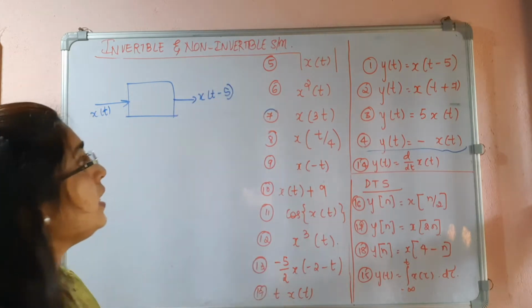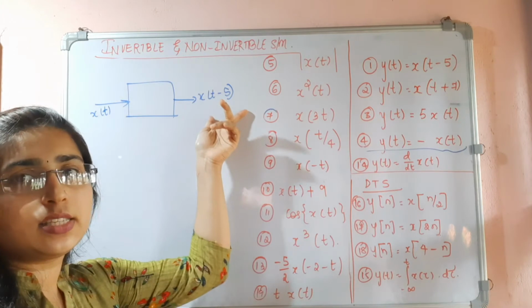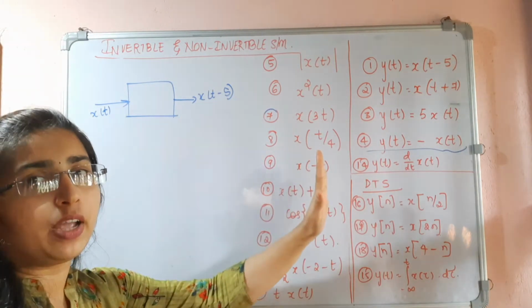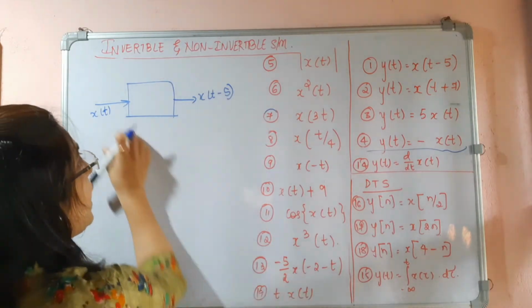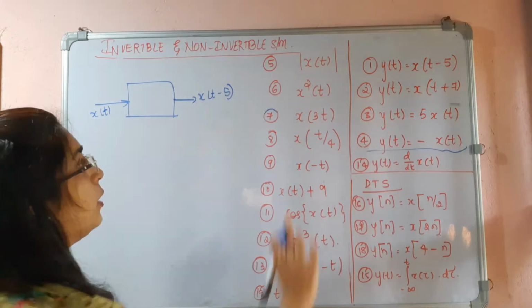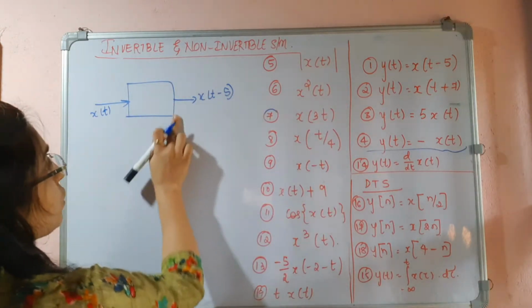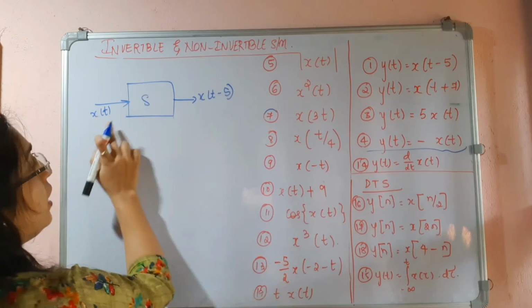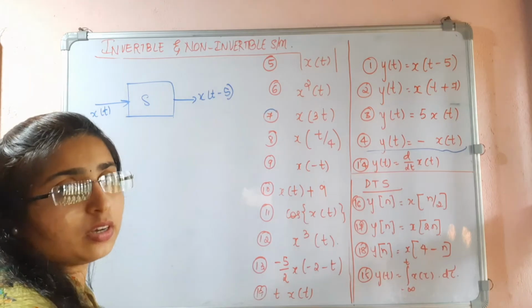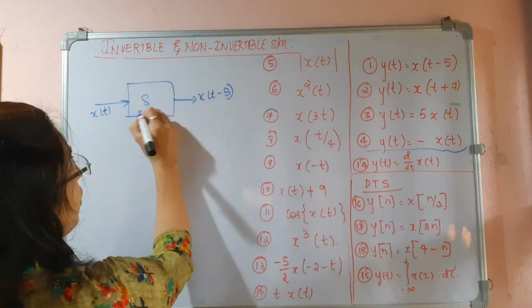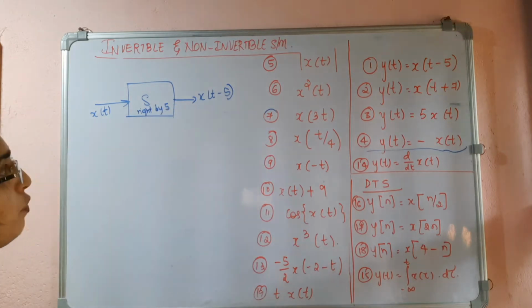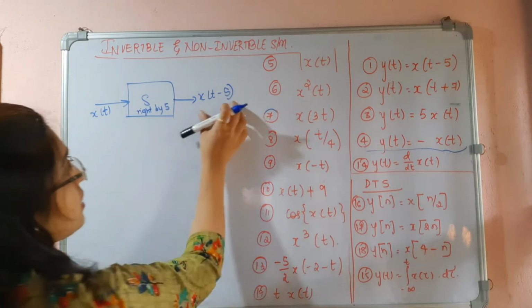By seeing this, we can tell that this is the shifted signal. It is shifted towards the right by 5 units, which means this is the delayed signal. So this system was performing a shifting operation on the signal, shifting right by 5 units.